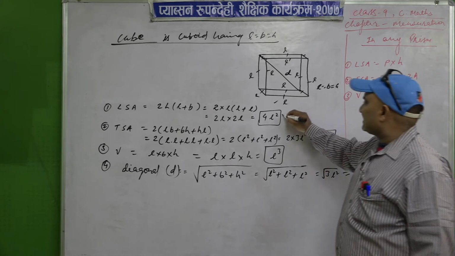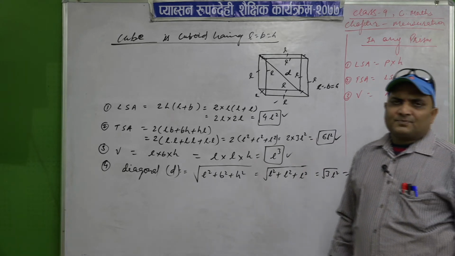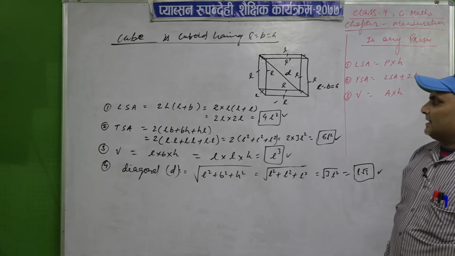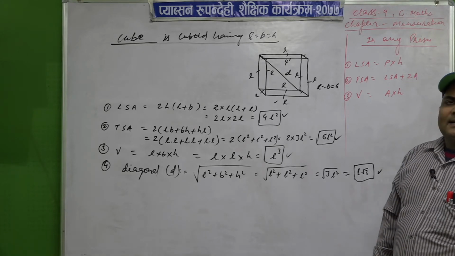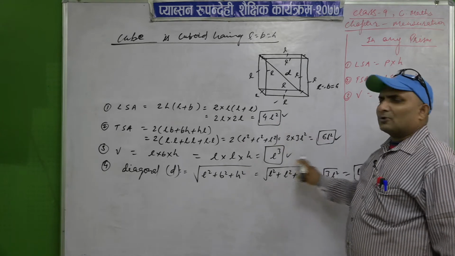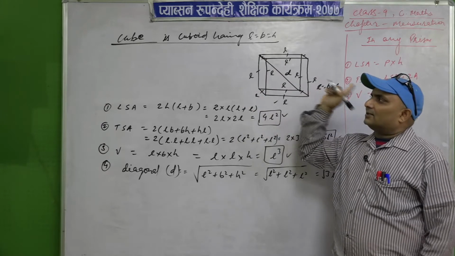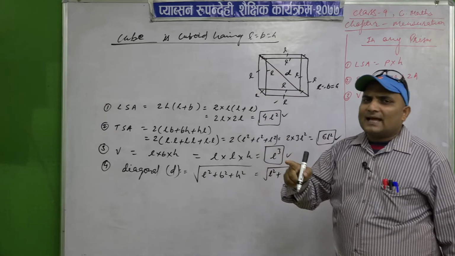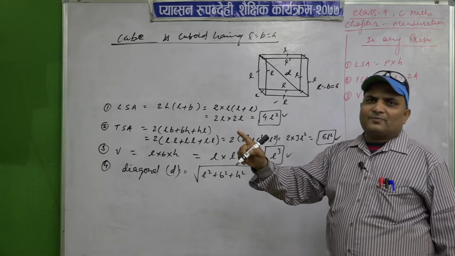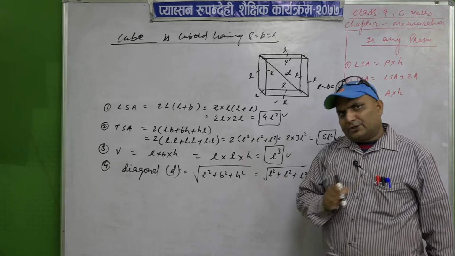So these are the direct formula for a cube to find lateral surface area, total surface area and diagonal. Whereas we can also use the formula for cuboid, because cube is a cuboid, but you should remember that in the place of L, B, H, if you give same value, then it will be the value of cube.